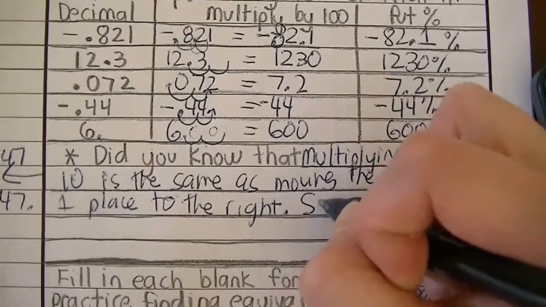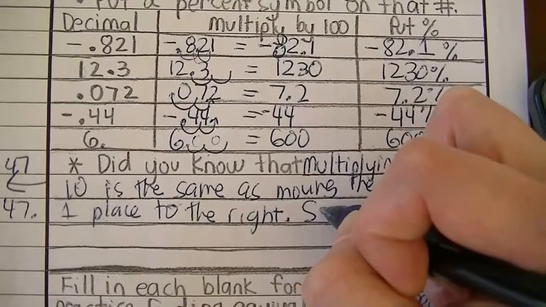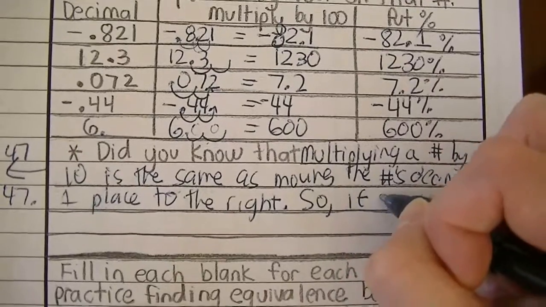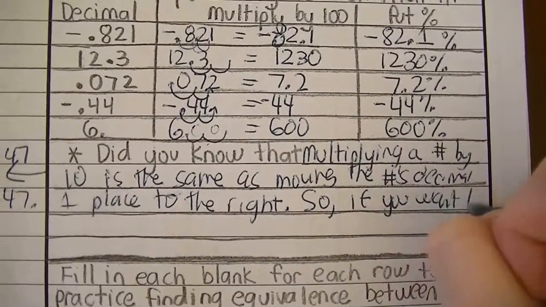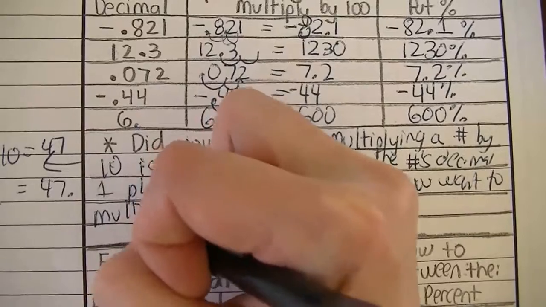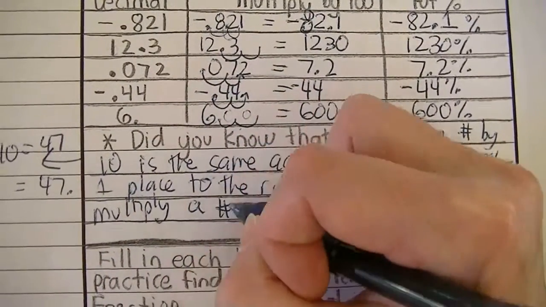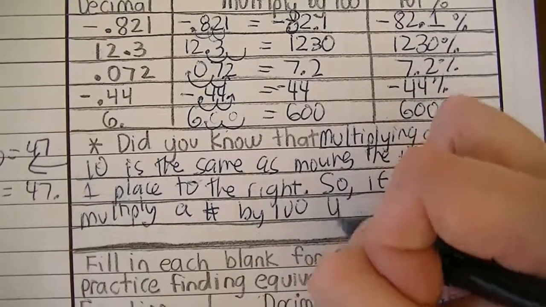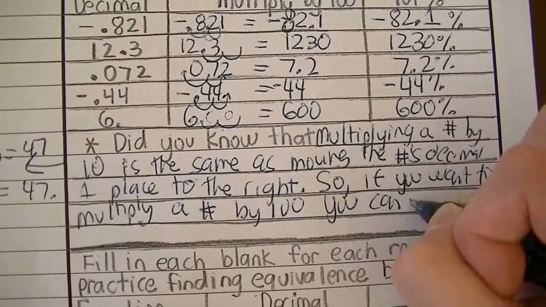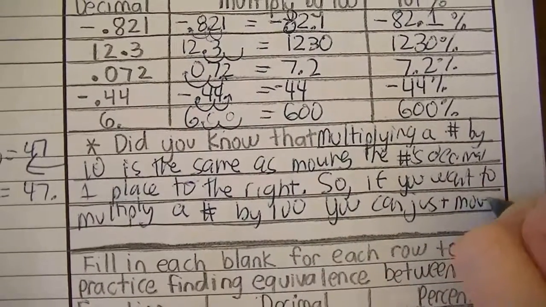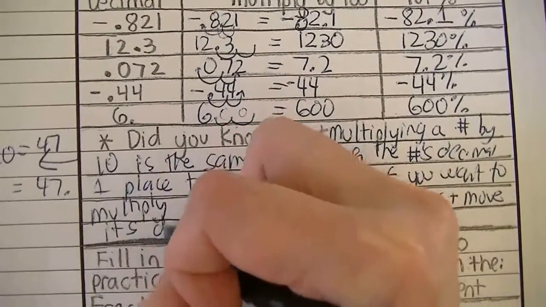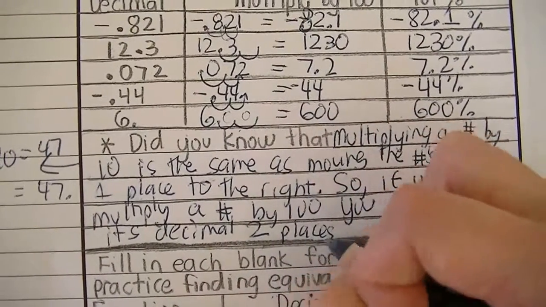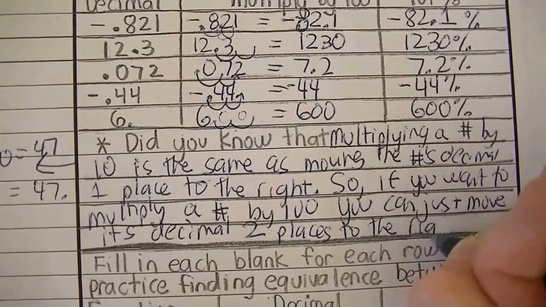So knowing that, if you want to multiply a number by 100, then move its decimal 2 places to the right. So if you want to multiply a number by 100, you can just move its decimal 2 places to the right.